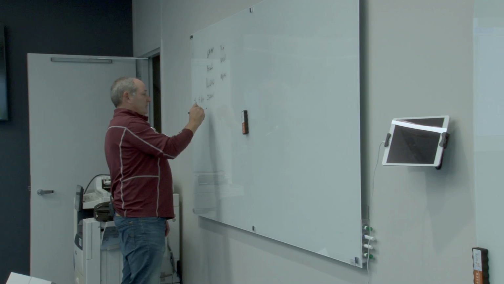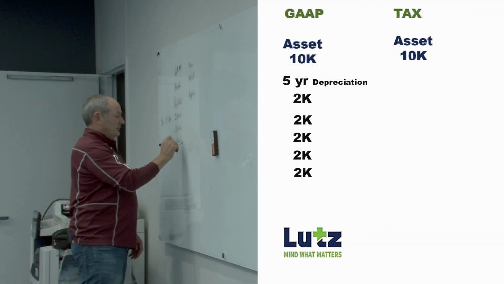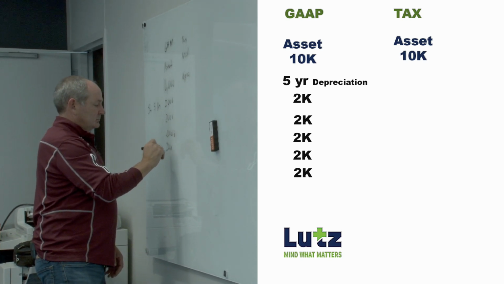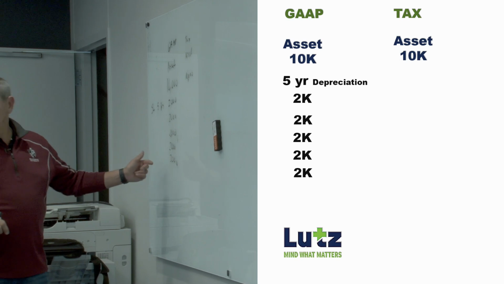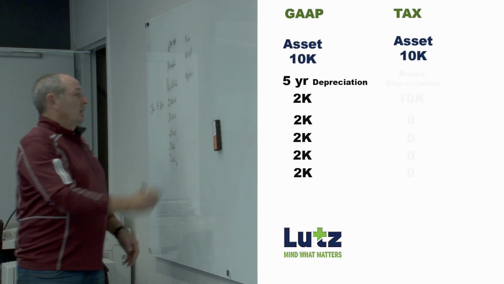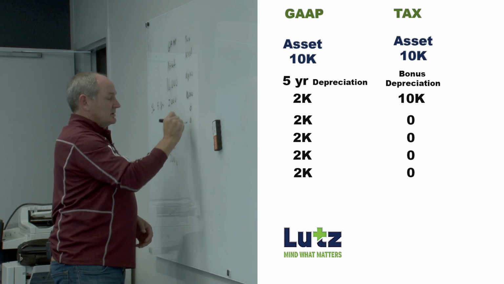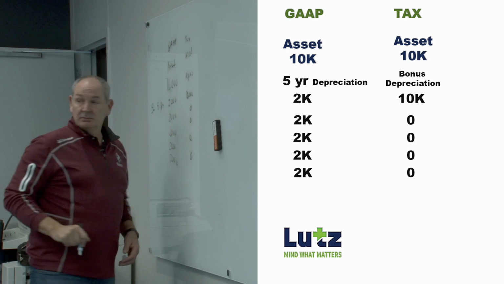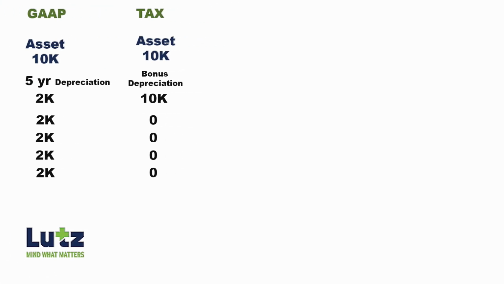Okay? So for book I have $2,000 a year, correct? For 5 years: 1, 2, 3, 4, 5, correct? Bonus depreciation, and then 0, 0, 0, and 0, correct? I've taken $10,000 of depreciation associated with that asset.